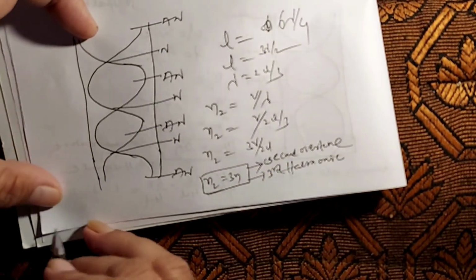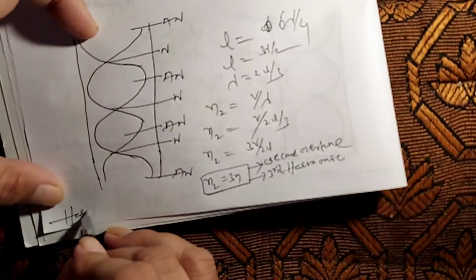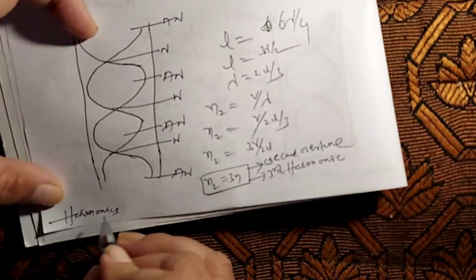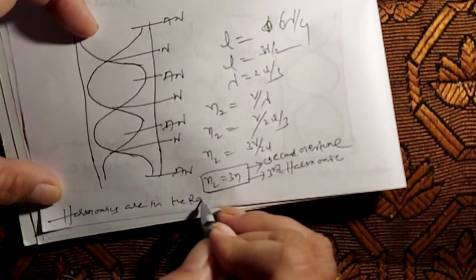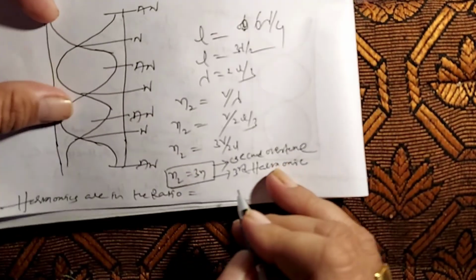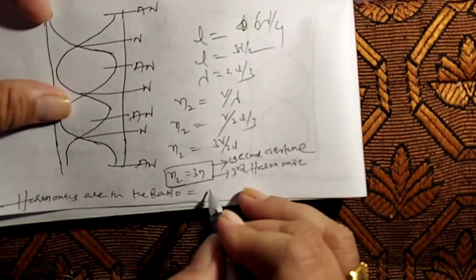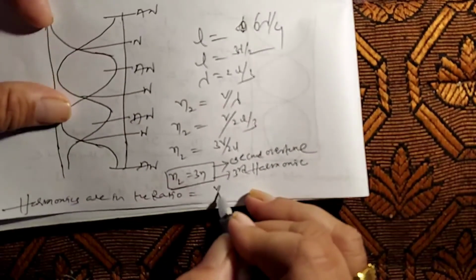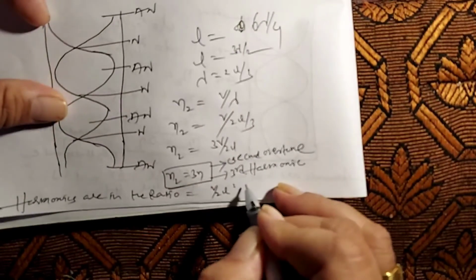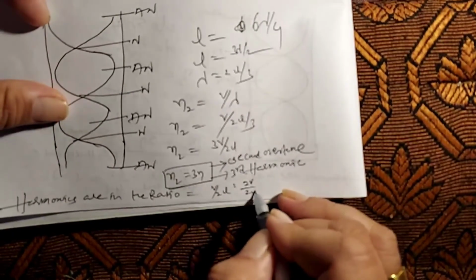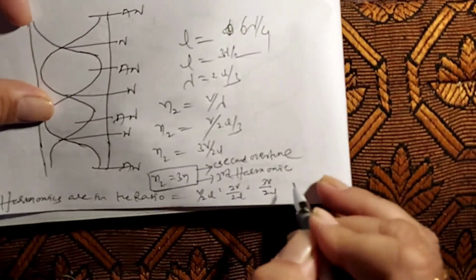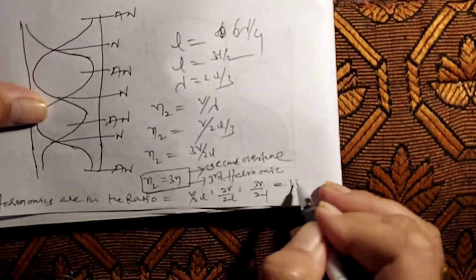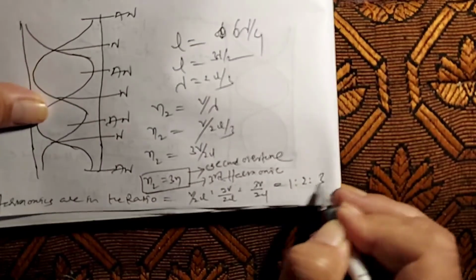Now these harmonics are in the ratio V by 2L is to 2V by 2L is to 3V by 2L. So finally we get 1:2:3.